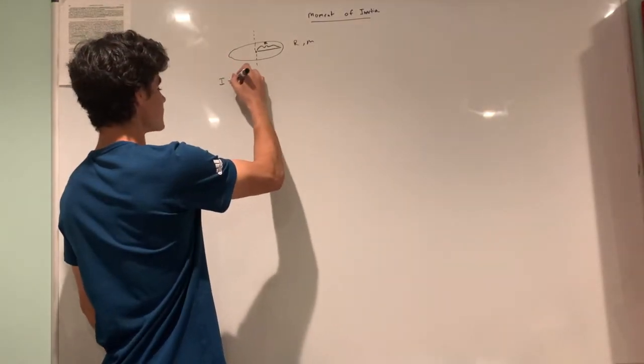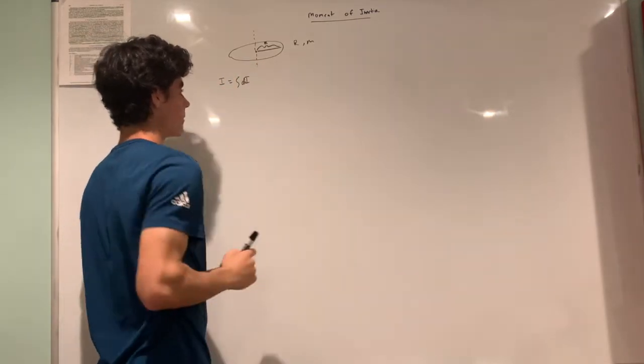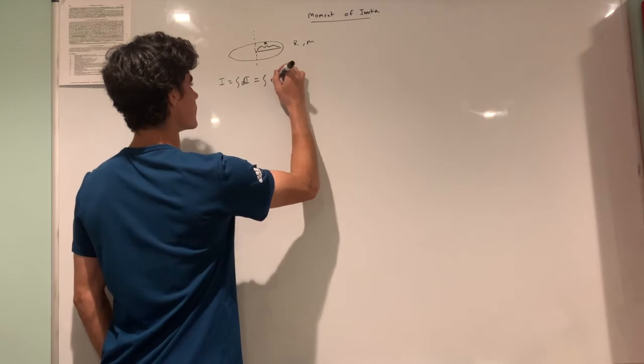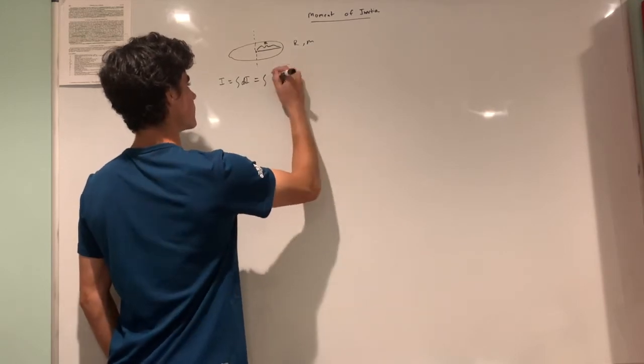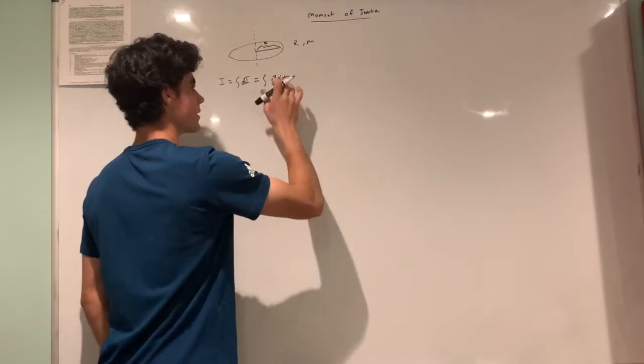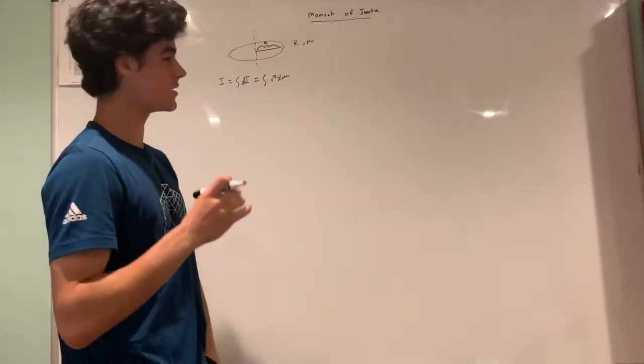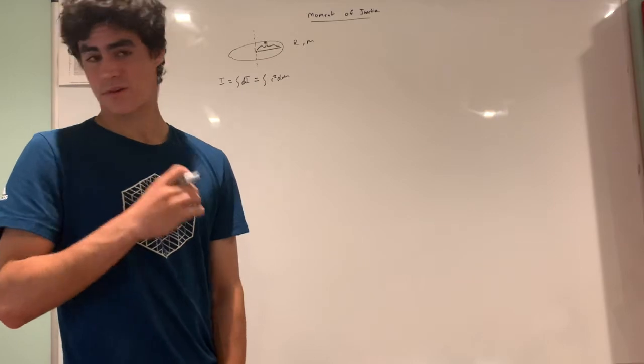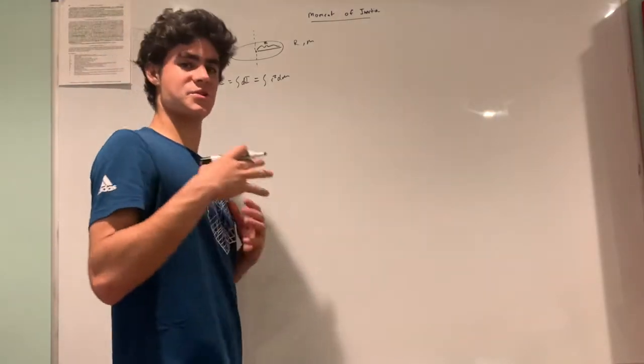So I is equal to the integral of r squared dm, adding up all the moments of inertia. That is always the basis of a moment of inertia problem. Always go back to stuff that you could tangibly write down when you're stuck on a problem.